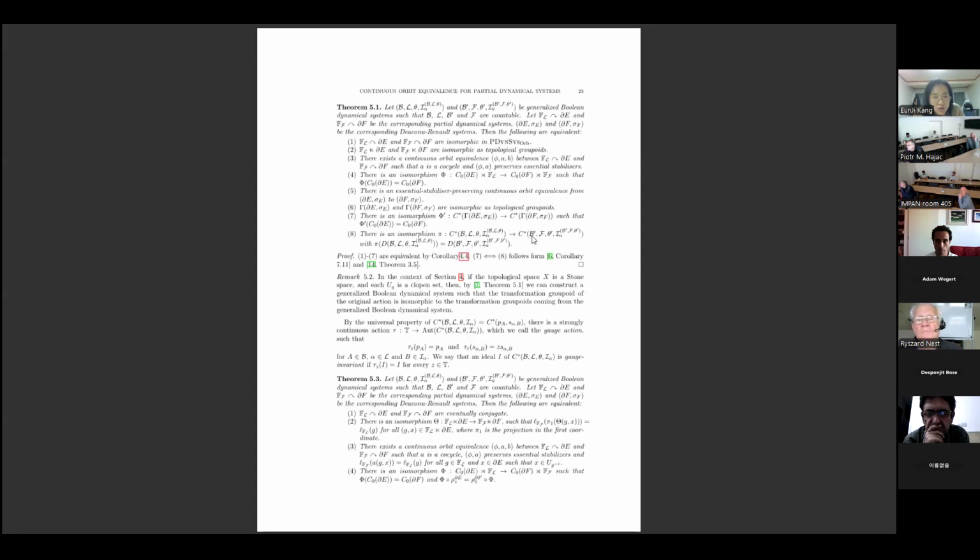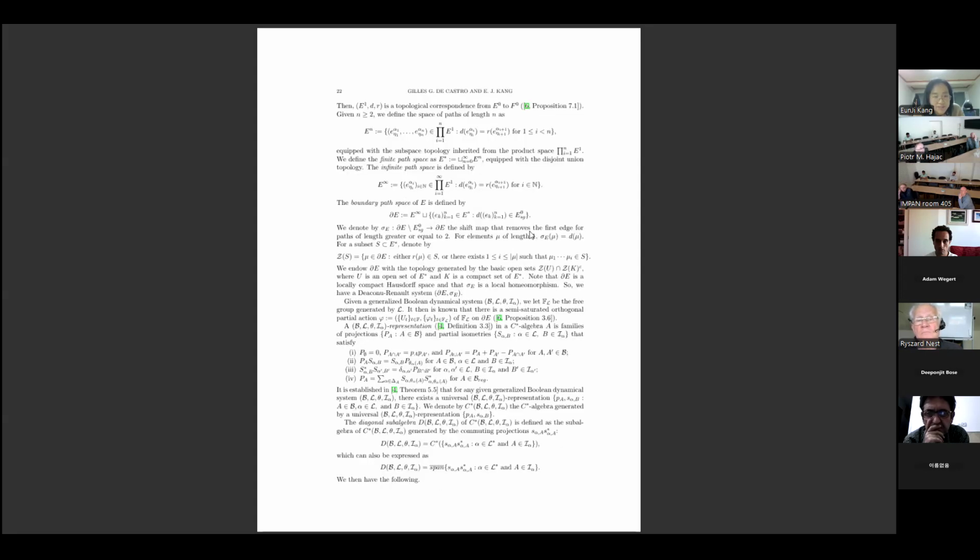Anyway, from Boolean algebras, we can form an action between these two Boolean algebras, and then we can form something like a dynamical system. From it we can also obtain something like a boundary path space.